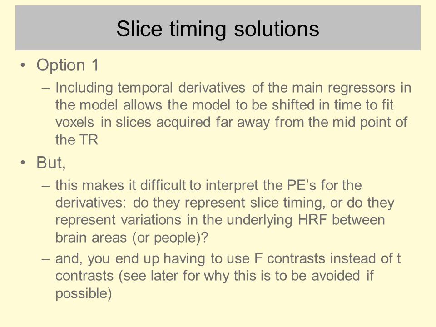So you'd have a kind of ambiguous situation. You would be unable to properly interpret the meaning of the parameter estimates on the temporal derivatives in the model.